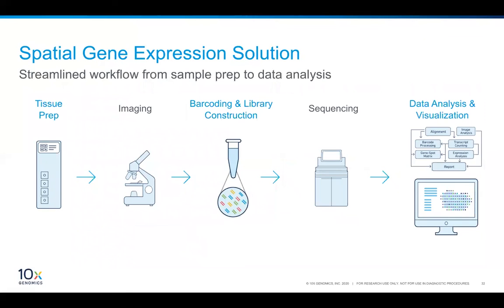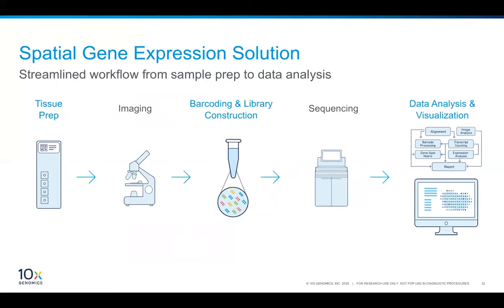Shown on this slide is the Visium spatial transcriptomics workflow. It starts with cryosectioning the frozen and OCT-embedded tissues and placing them onto the capture areas on the slide, followed by tissue fixation, H&E stain, and then capturing the H&E stain image.